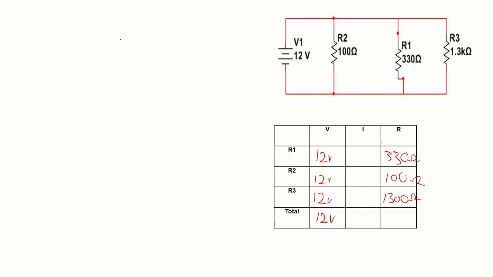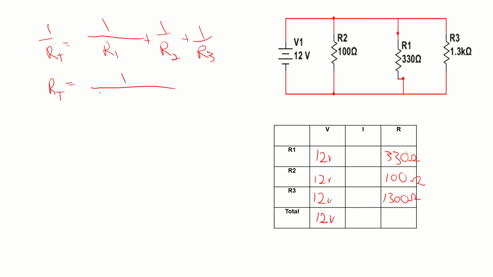Now to find my R total, 1 over R total is 1 over R1 plus 1 over R2 plus 1 over R3. So R total equals 1 all over 1 over 330 plus 1 over 100 plus 1 over 1300.